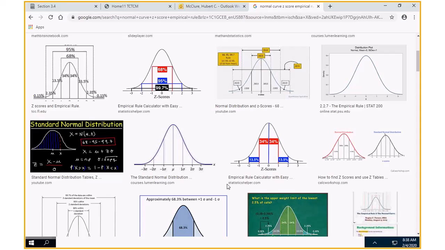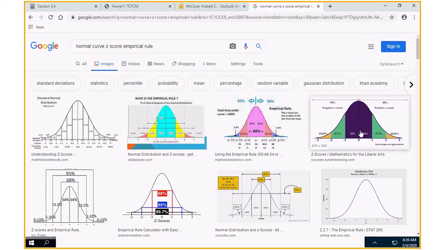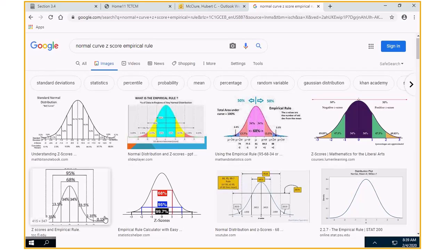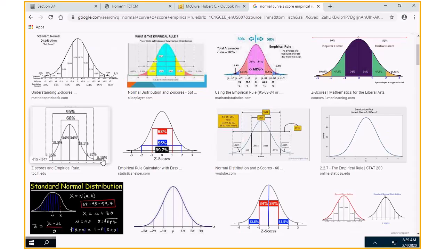And pick one. Well, I'm going to pick one that's black and white. Because why? If you print one out like this, and you have 6 of these on a piece of paper, it's going to be muddled up. So you might want to make sure you go with one that has the 0.15 on the end, because your book is centered around the curve, and some books don't even do the 0.15.